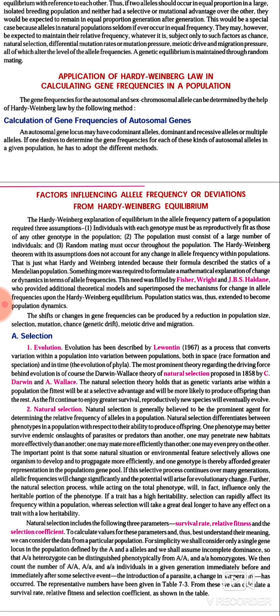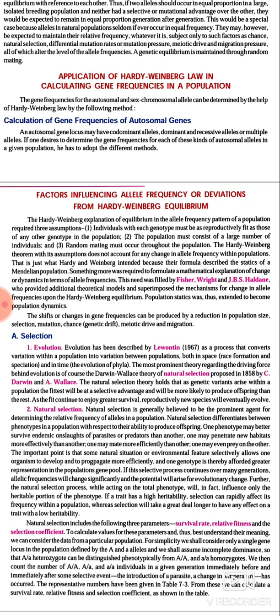To calculate values for these parameters and thus best understand their meaning, we can consider the data from a particular population. For simplicity, we shall consider only a single gene locus in the population defined by the capital A and small a alleles. We shall assume incomplete dominance so that capital A small a heterozygotes can be distinguished phenotypically from capital A and small a homozygotes.